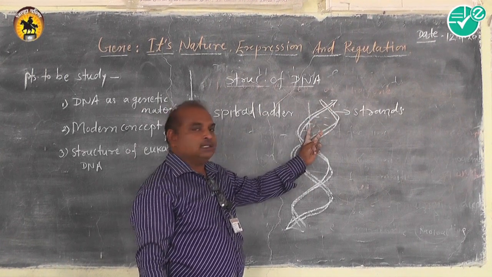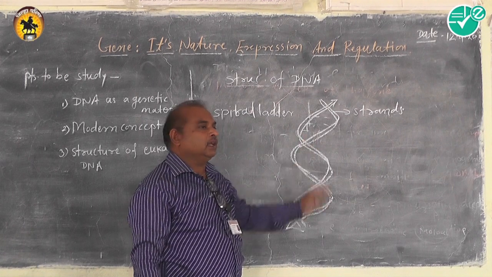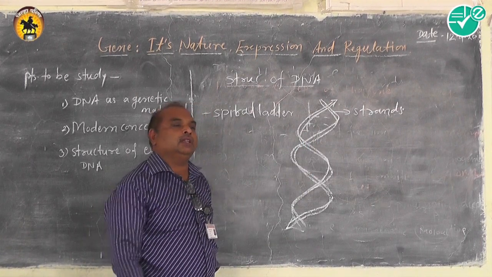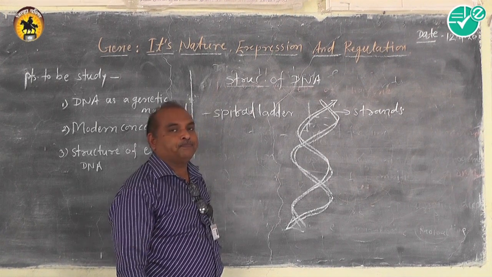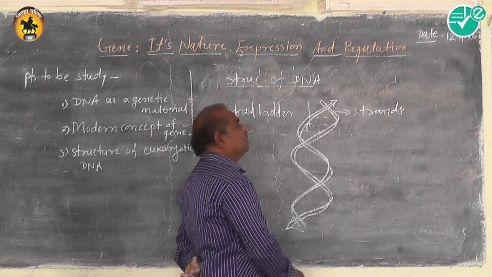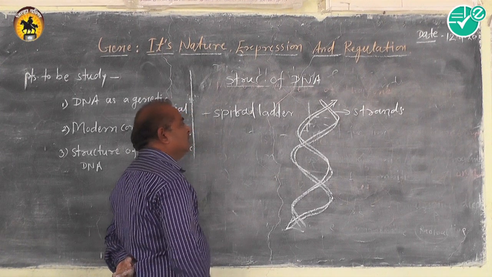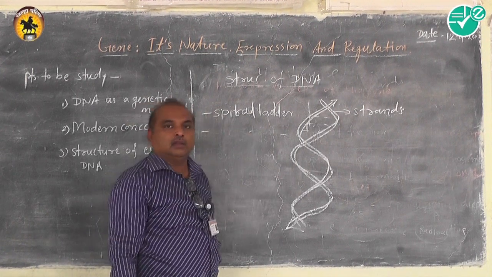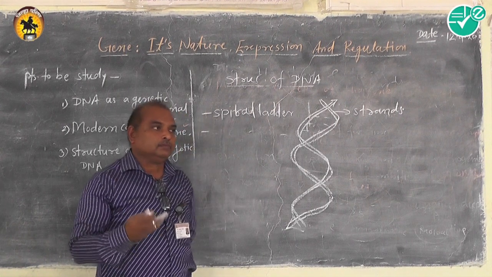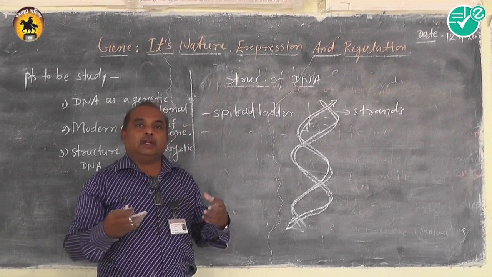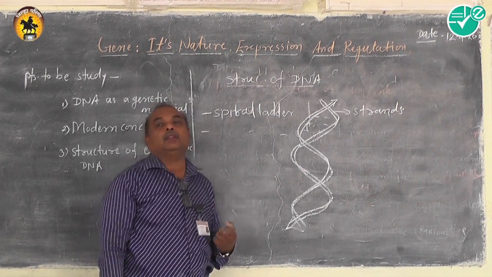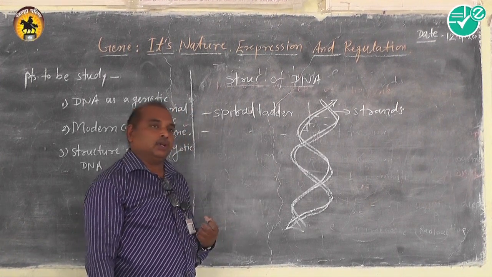Now, these two strands are linked with each other with the help of weak hydrogen double and triple bonds. These double and triple bonds are just connecting, or binding, the two strands to each other.